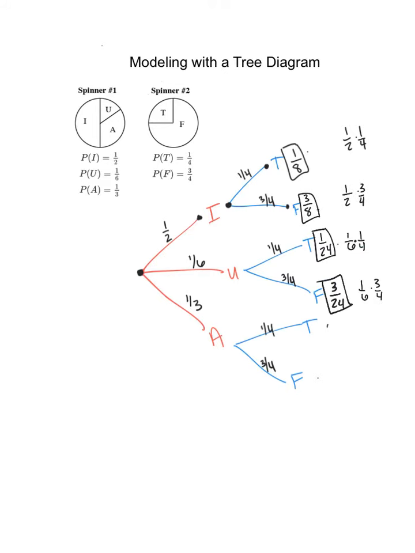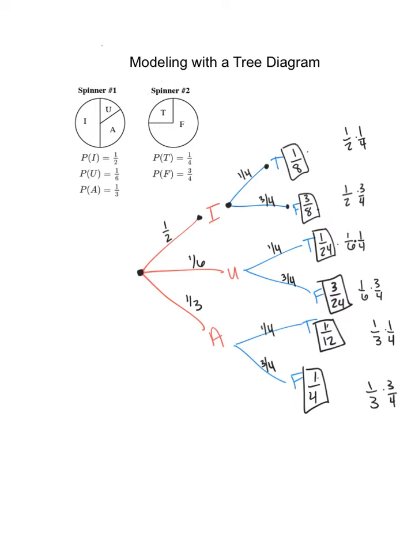Now I'm kind of showing my work off to the side here, but I would like to point out that at the same time it is very clear what my final probability is, and I need to make sure that I keep that. There's a lot of fractions here. I want to make sure that I keep them organized. That's 1/4. Now if I compare the models to the original, all the probabilities are going to be the same.